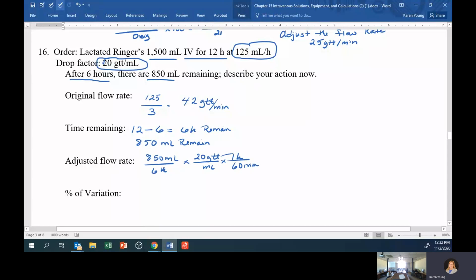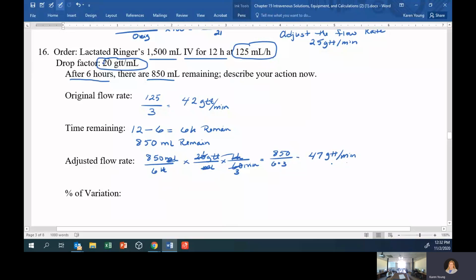So hours are going to cancel, milliliters are going to cancel. And then I know 20 goes into 60 3 times. That leaves me with 850 over 6 times 3. 6 times 3 is 18, so 850 divided by 18. And that gives me 47.2, so I'm going to say 47 drops per minute.